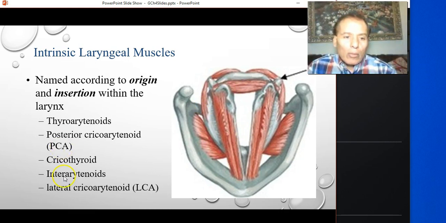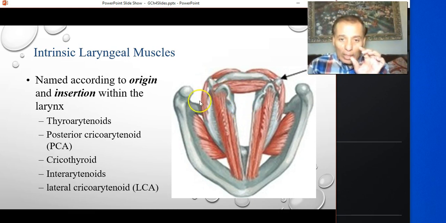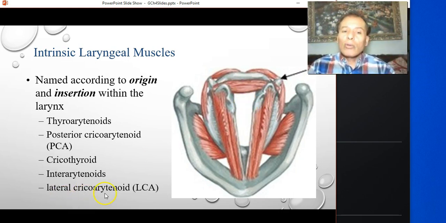So the lateral cricoarytenoid adducts the vocal folds, closes them by swinging each arytenoid to the midline. So this one swings this one to the midline, and this one swings it to the midline. So the lateral cricoarytenoid closes the vocal folds.